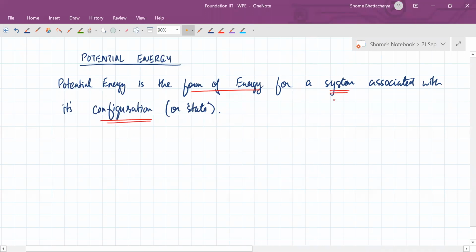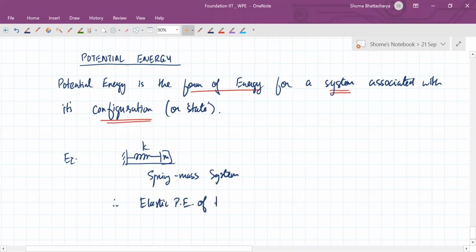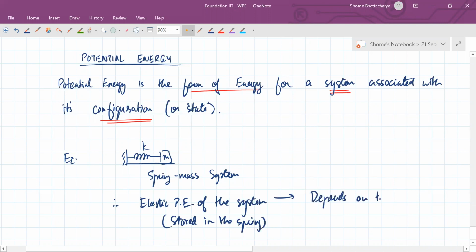First of all, it is defined for a system, it is not defined for a single body. So for example, if we have a block attached by a spring, a spring mass system, the elastic potential energy of the system, which will be a form of energy stored in the spring, depends on the state or configuration of the system.